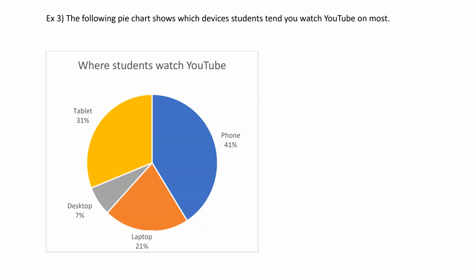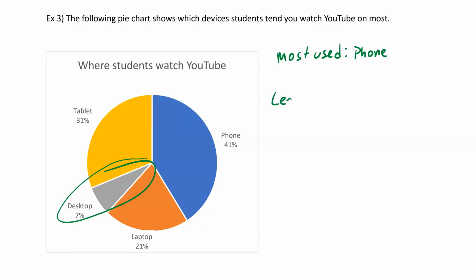So phone would be the most used. The least used would be the smallest part. So in this case, desktop. And in this case, I even gave you the percentages, so you can see that that was 41% and 7%. And that's reflected by the phone having a much larger area than the desktop with 7%.